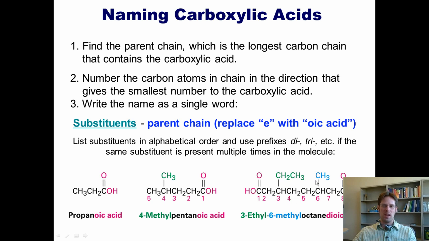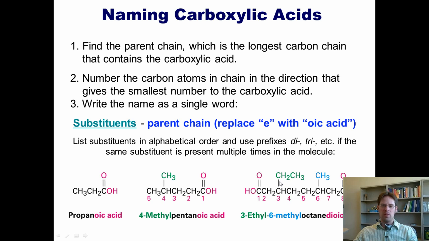So differentiating between the two directions is done by choosing the direction that gives you the lower number for the substituents. This compound has 8 carbons, which is normally octane. We replace the letter E, however, with the suffix dioic acid, because there are 2 carboxylic acid groups in this molecule. Thus, this compound is called octane dioic acid.